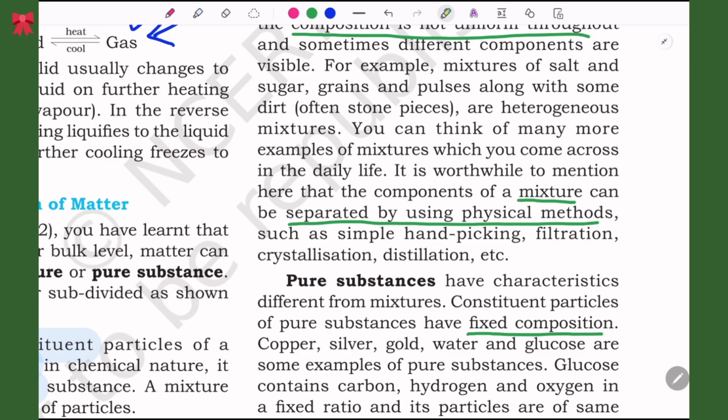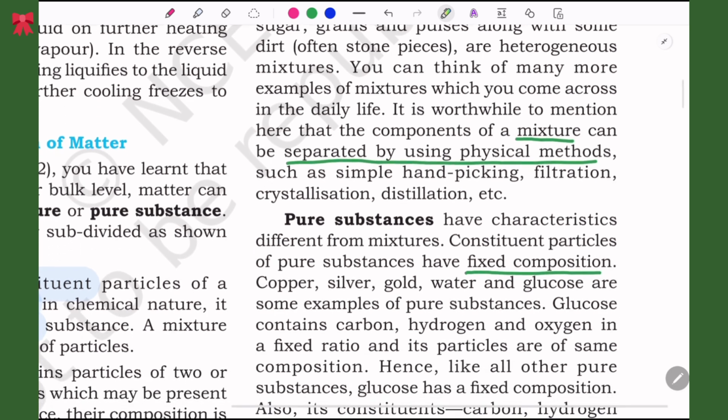For example, I want to filter tea, so that the tea leaves can be separated from the tea. So I can do it by filtration. I can use crystallization technique, in which crystals are formed. I can use boiling methods like distillation, etc. So the separation is possible in the case of mixtures by physical methods.